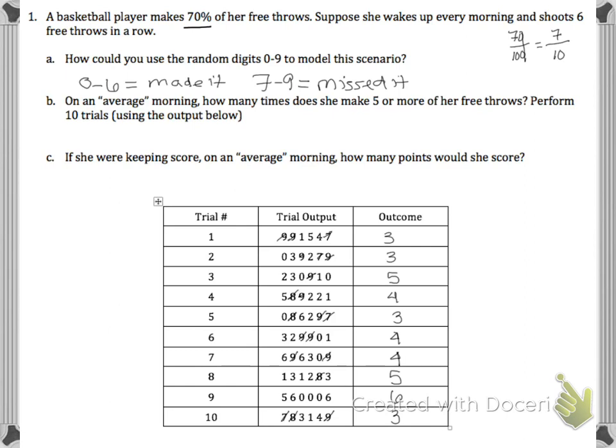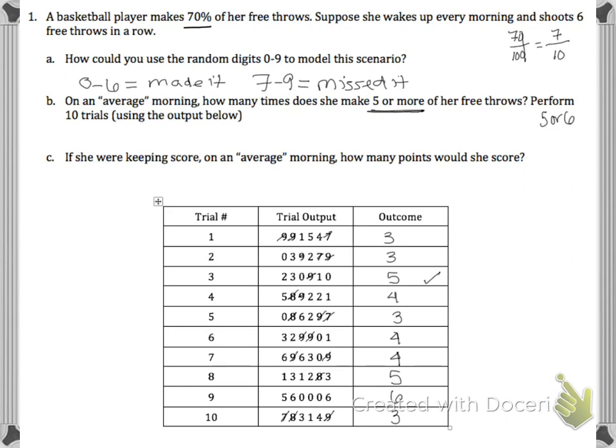So now we can answer questions B and C. So if you guys remember, if it asks me about 5 or more, that's looking for literally the number of successes in the table below. So 5 or more is 5 or 6 in this case. So I'm going to go down to the table and I'm going to figure out how many times she made 5 or 6 shots.